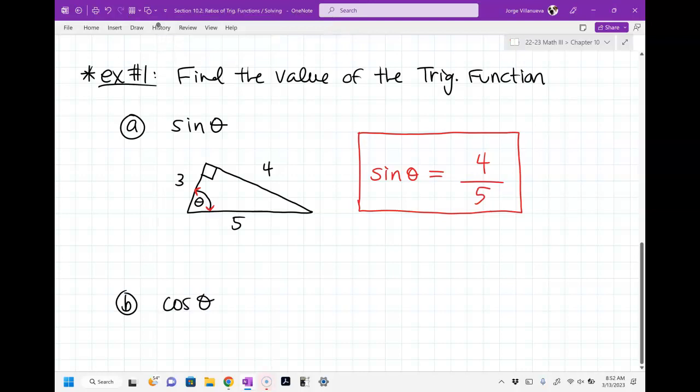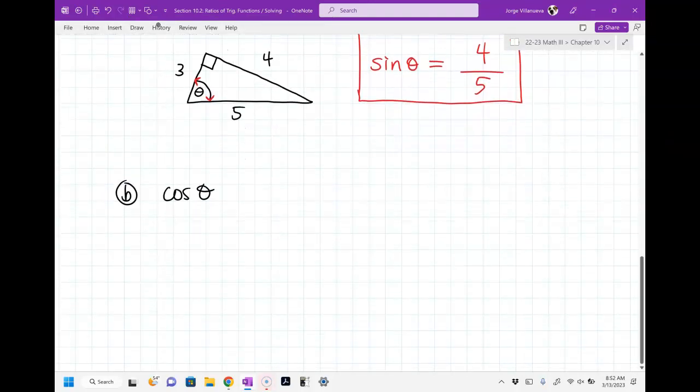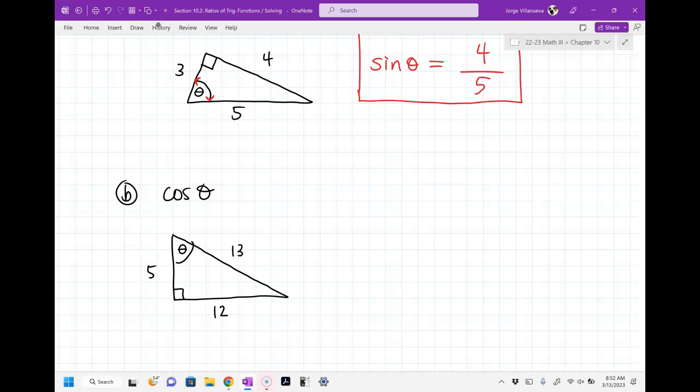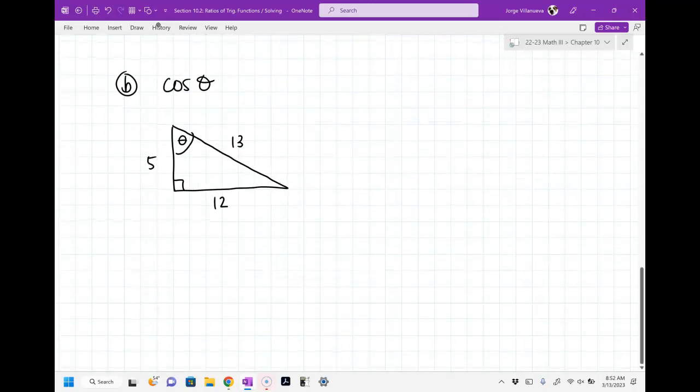Let's do a cosine problem. So there's my triangle. We're trying to figure out cosine of theta. There's my right triangle. Again, it's called a right triangle because it has a 90-degree angle in it. And we're trying to figure out the ratio for cosine of theta.